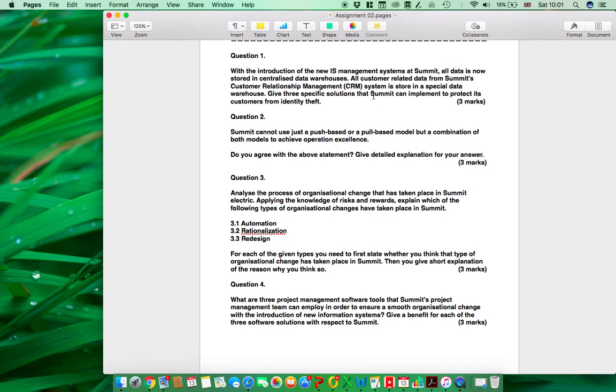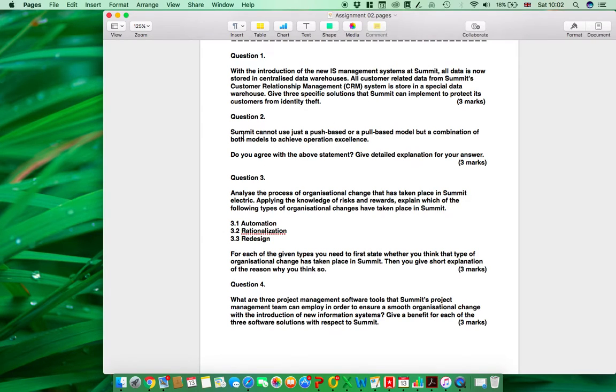What are the different sources for this information? There are two or three points in the whole system, like customers, system, employees, and various ways. So you have to say what are the different solutions that Summit can implement to protect the identity of its customers.